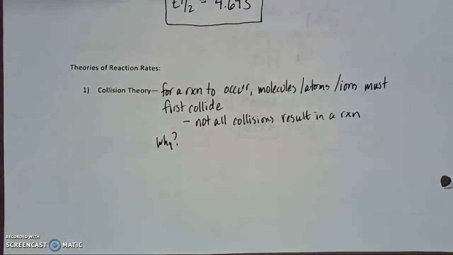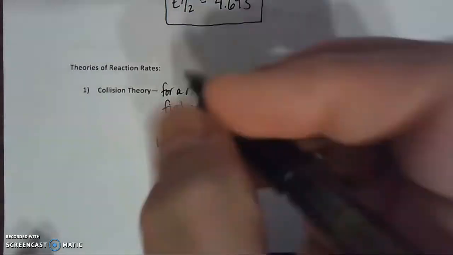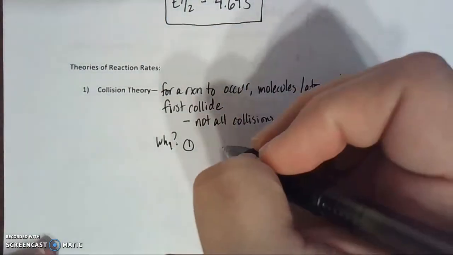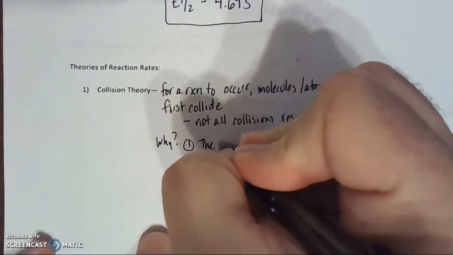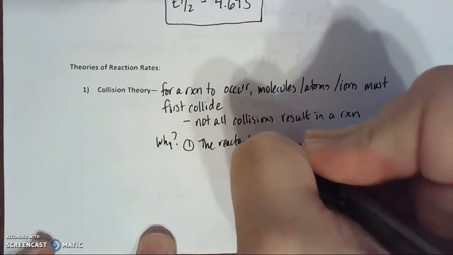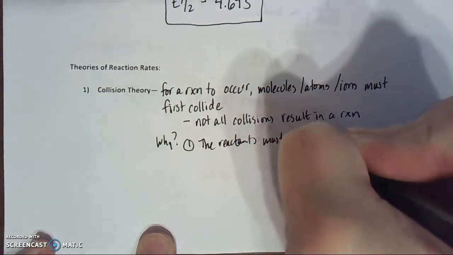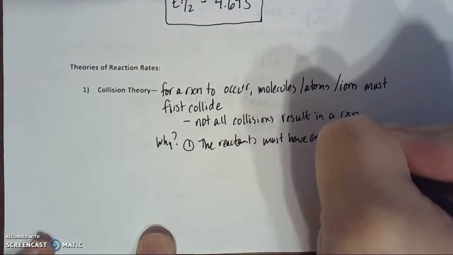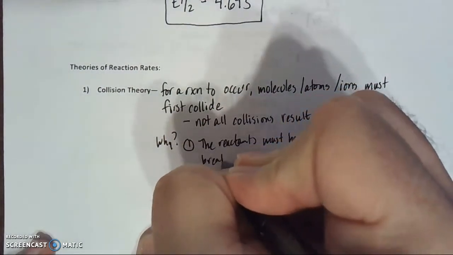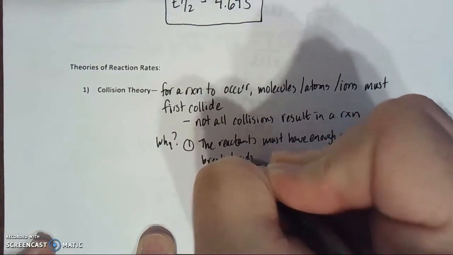So this is our why. Why do not all collisions cause a reaction? Well, there are two reasons. The first reason is the reactants must have enough energy to break bonds and form new ones.